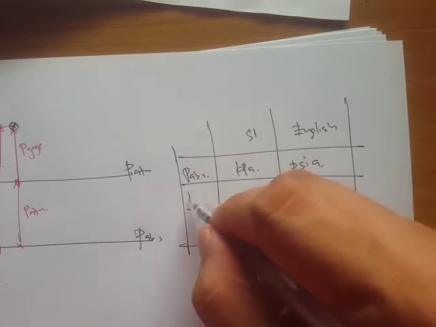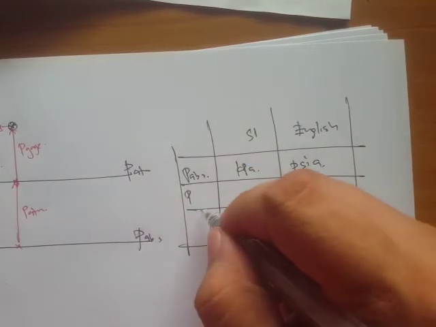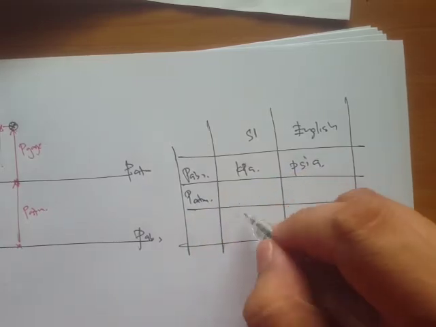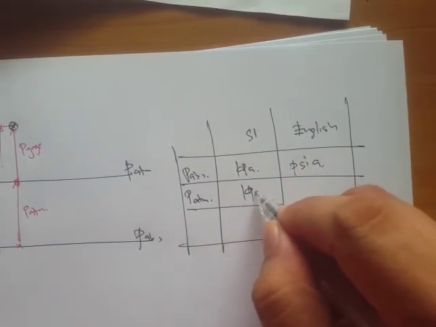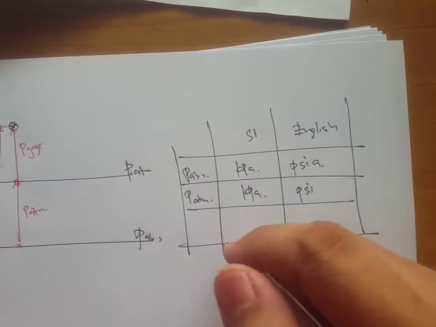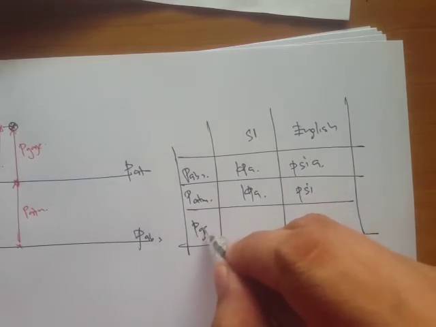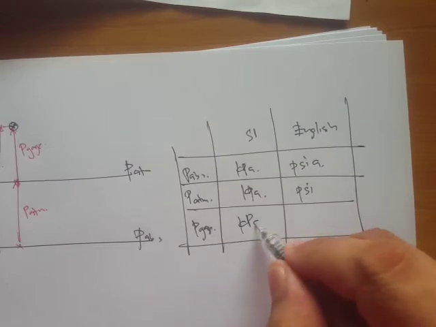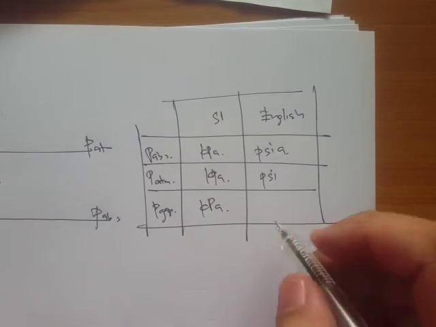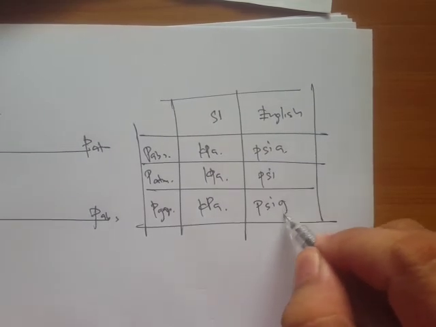Then for P atmospheric, this one is still in kPa, but this one is in psi. And for P gauge, this one is still in kPa, but in the English unit, that's psig.